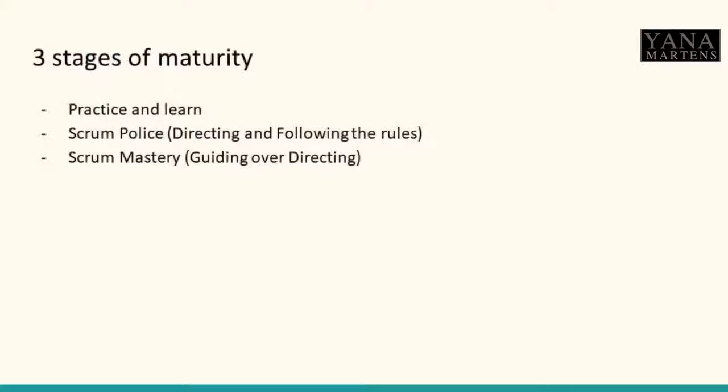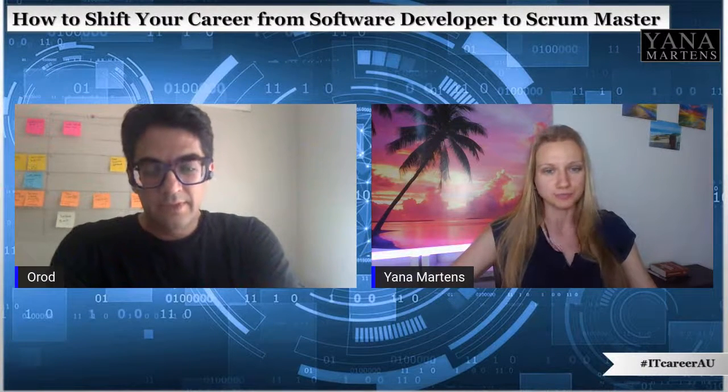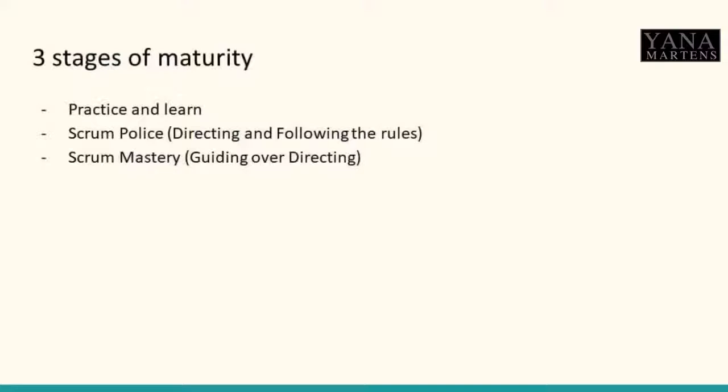And I think you also wanted to share a few stages of Scrum maturity, and you kind of already mentioned it. It's one thing just to learn Scrum, but you need to make sure you master it as you go. So these are my stages of maturity.